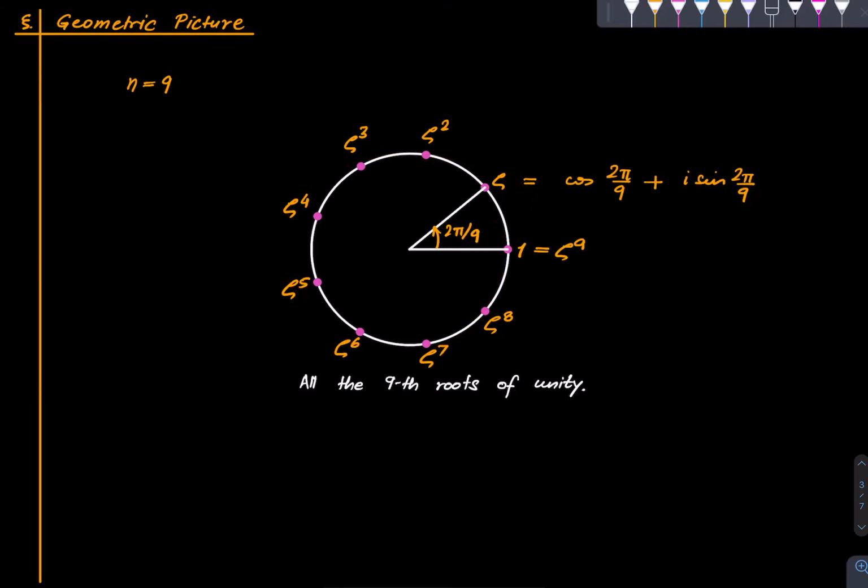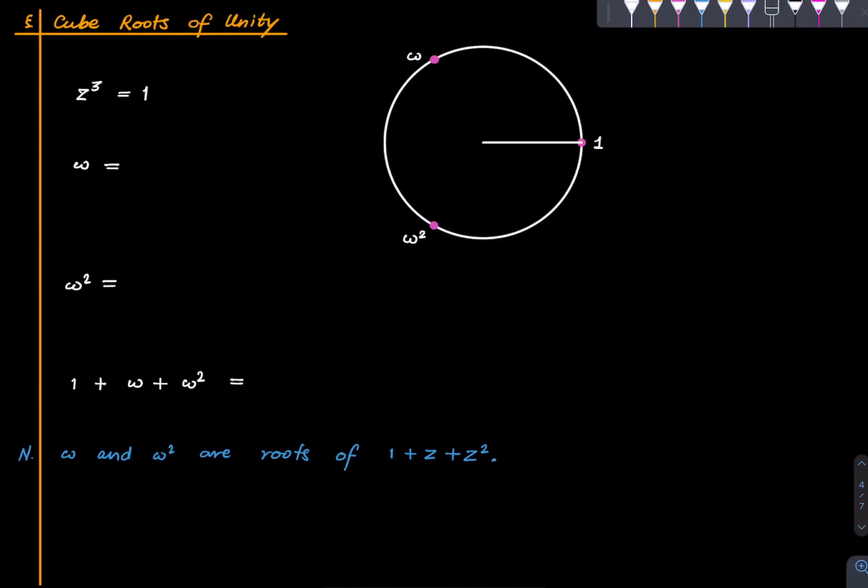And now let's look at a special example, which is cube roots of unity. So basically roots of this equation, all the complex numbers satisfying this equation. So this is 1, this is omega, this is omega square. These are the 3 roots of unity. Typically omega is used to denote this number, where the angle here is 2 pi by 3.